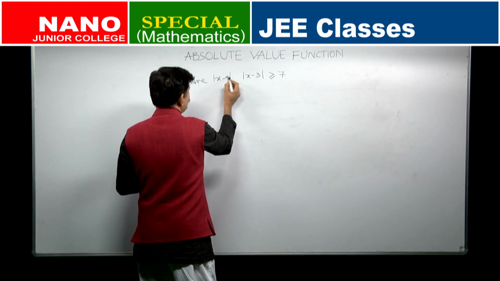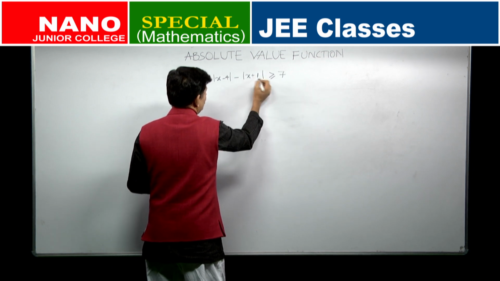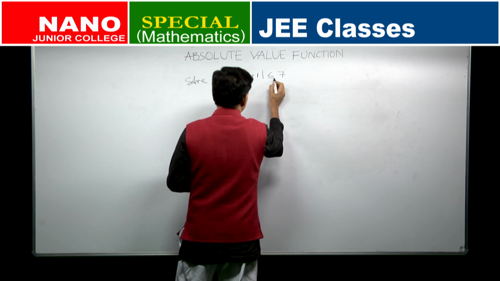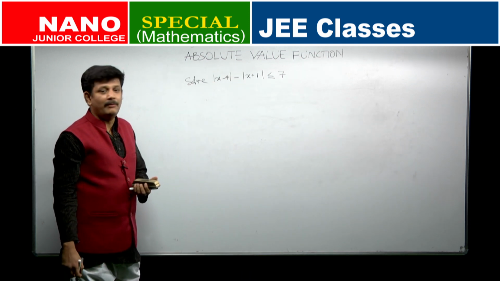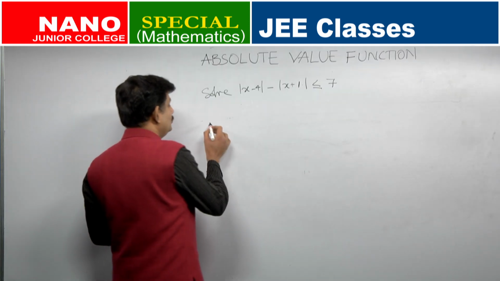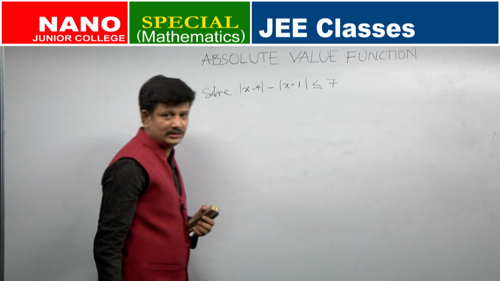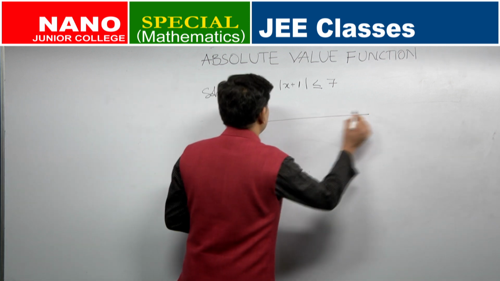Modulus of x minus 4 minus modulus of x plus 1 is less than or equal to 7. So, you want me to do this geometrically or analytically? Because I solved the previous question analytically, let me do this geometrically.